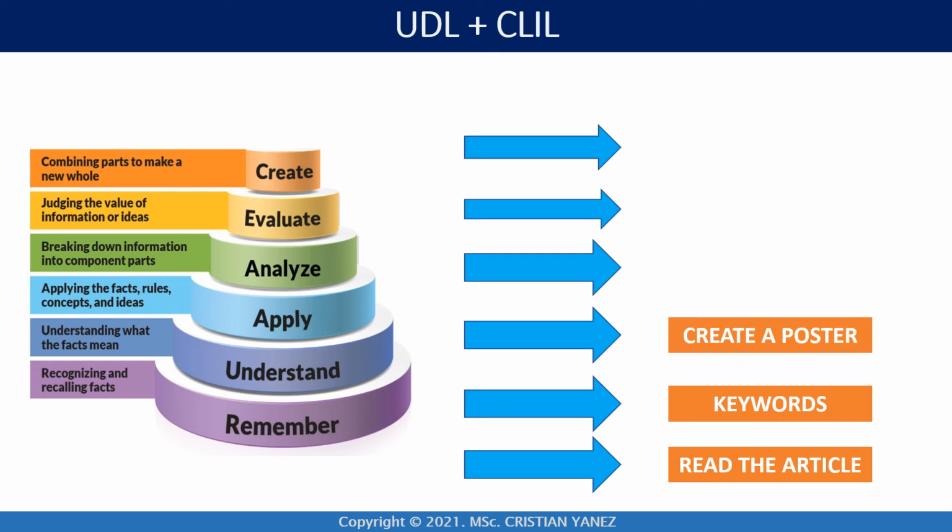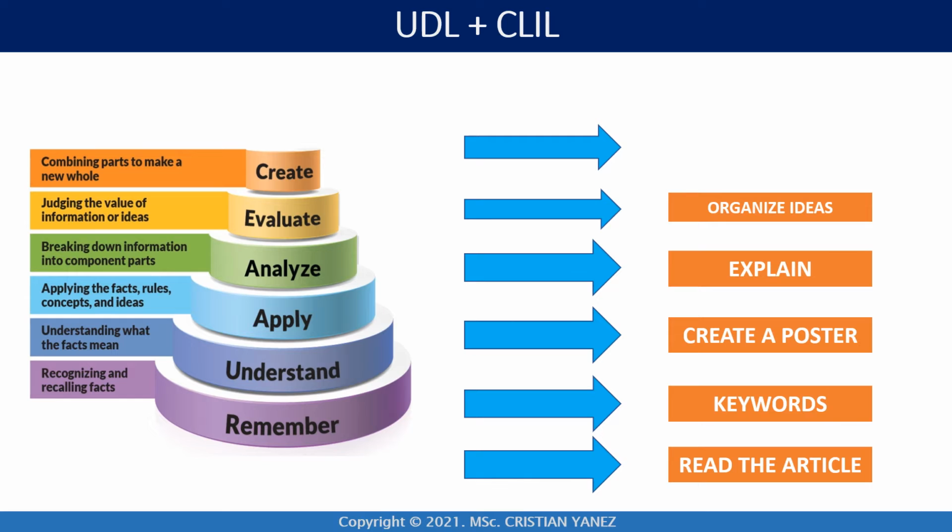Identify these keywords and the principal sentences about the subject. Create a poster or presentation, explain and analyze the important information about the adaptations, organize ideas in your homework, and create a video at the end of the activity.